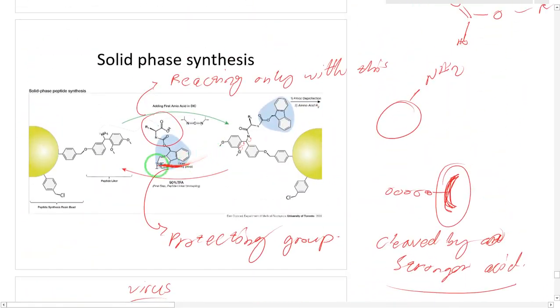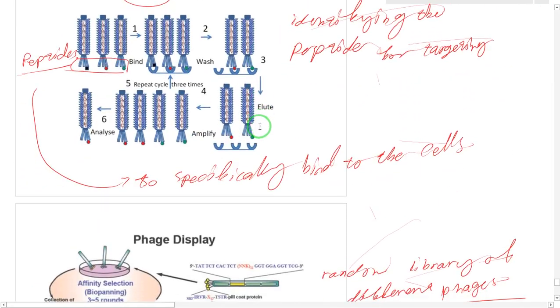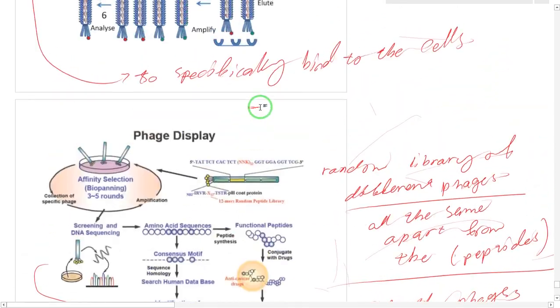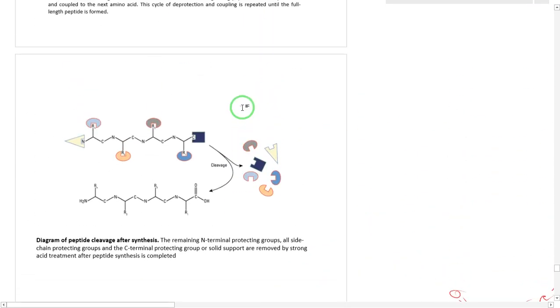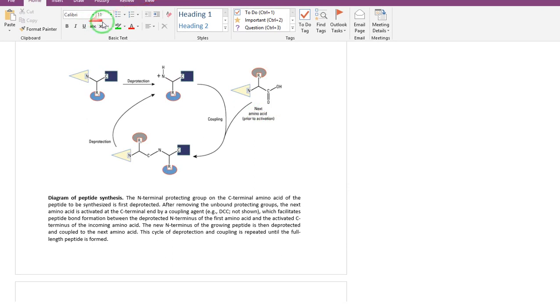When we know it, we use the method that we introduced here, and we simply synthesize the sequence of amino acids, the sequence of peptides that is useful for our application. Let me give you a brief summary.